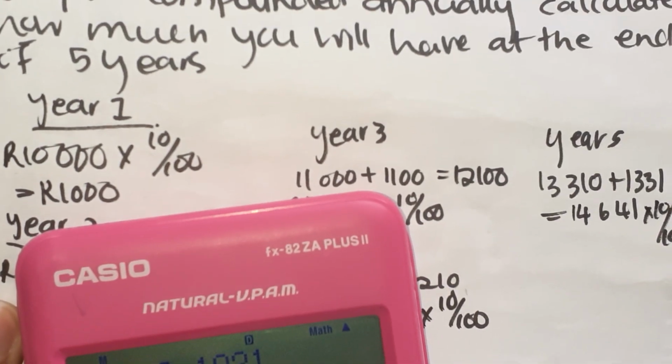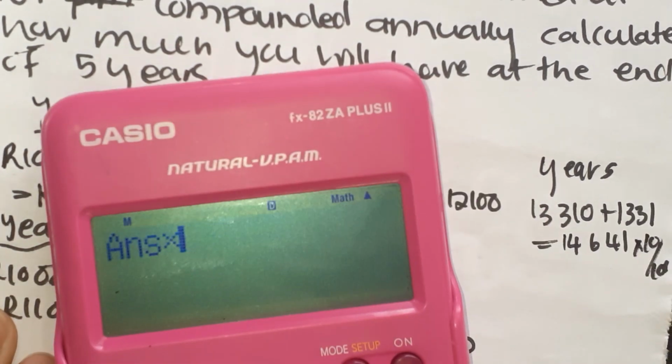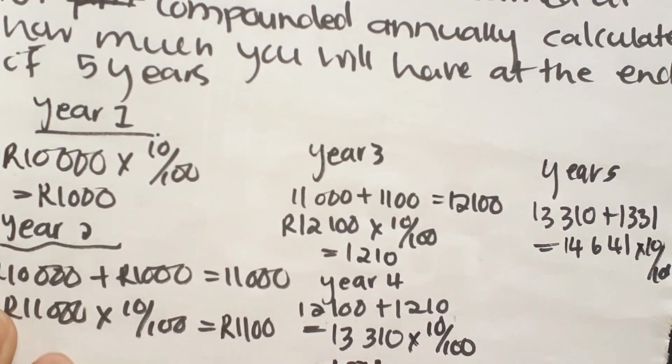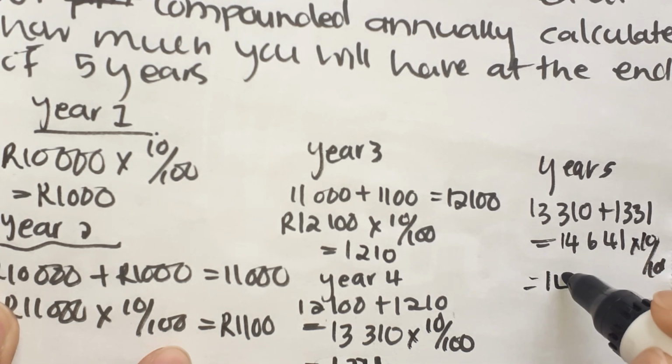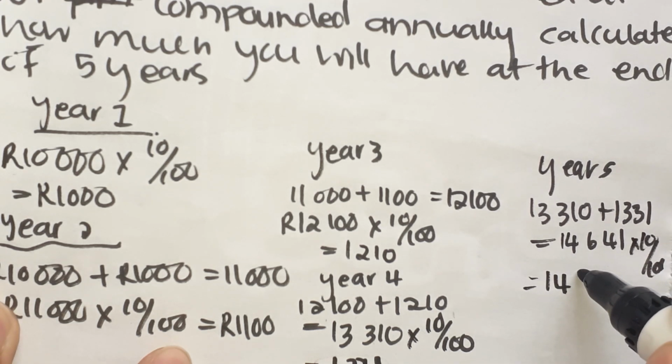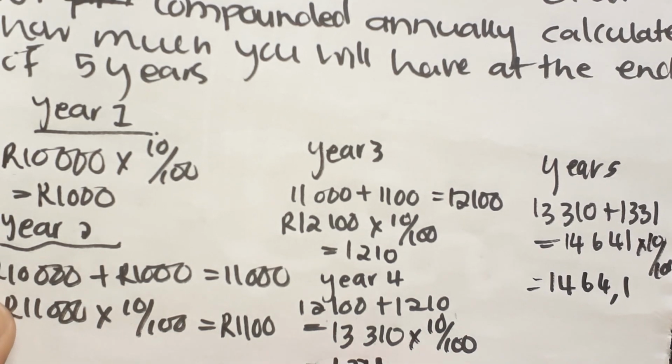We times that by 10%, and that gives us 1,464.1.